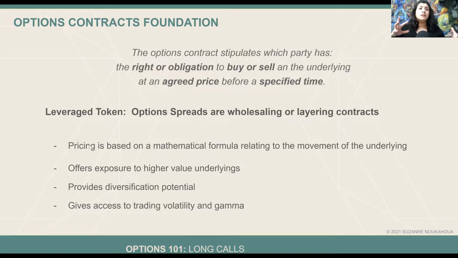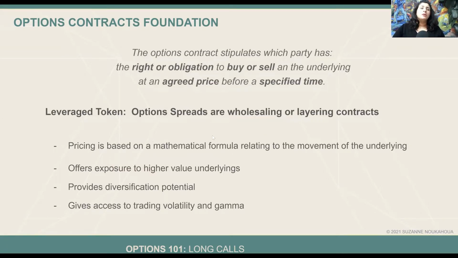So the options contract and the pricing of the options is based on a mathematical formula. And so you have to understand those different pieces in order to understand how the price has been calculated, so you know what you're buying, so that you understand what it is that you are going to try to sell for your profit later.